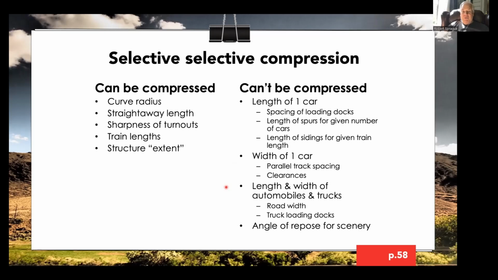Another thing that can't really be compressed is the length and width of automobiles and trucks. I'm always really impressed when someone's been able to use the prototype width of a road, because it just looks a lot better to have the amount of space around a road, or around a car or a truck, that a real railroad would. Same with truck loading docks.